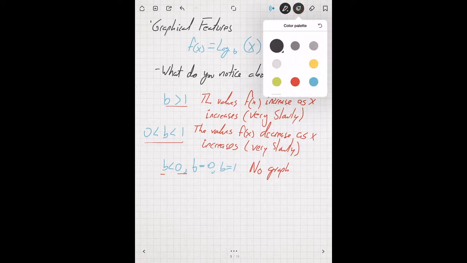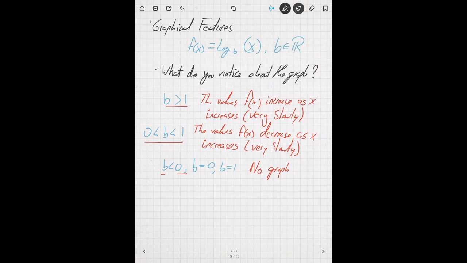I'm going to start with b equaling 0. I'm going to recreate a logarithm. Log base 0 of, well, let's say it's 2. Okay. Log base 0 of 2 equals some unknown.